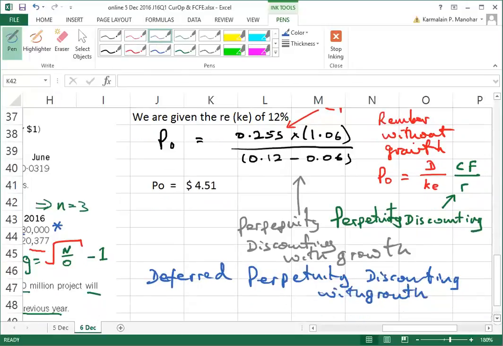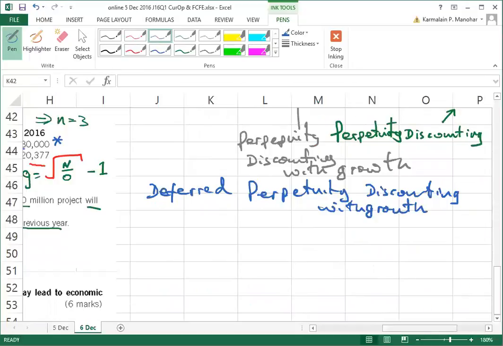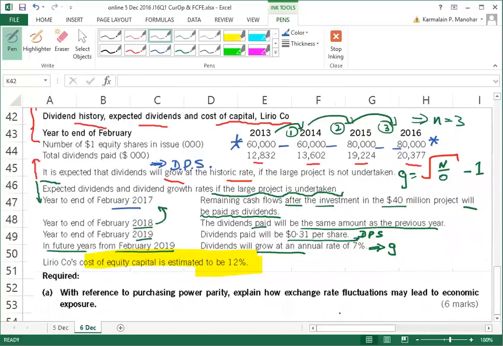So let's look back at those years which they describe for us, and we'll identify how we're doing this perpetuity discounting with growth. So this is the last line here. In the future years, from February 2019 onwards, then the dividends will be growing at this rate of 7%. All right. So if we could find the 2019 dividend, that value will be growing.